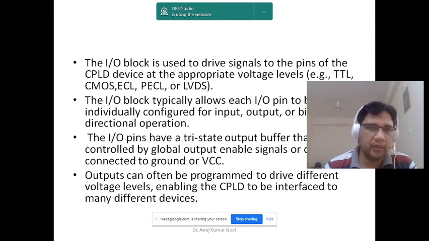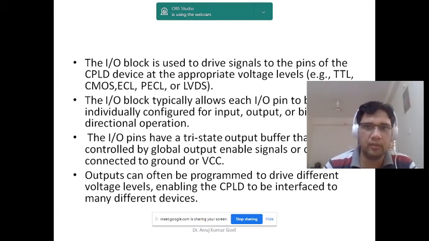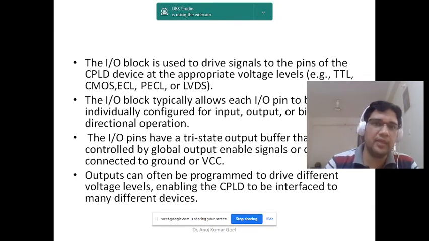For example, your CPLD is getting a signal from TTL, or from ECL, or it is giving output to PECL or LVDS. These are different technologies present in the electronics industry, and they have different voltage levels.